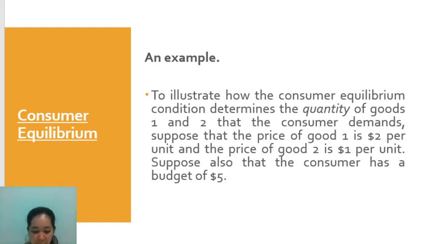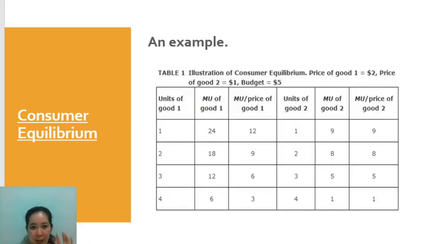So here, the marginal utility that the consumer receives from consuming 1 to 4 units of goods number 1 and 2 can be seen in the table.